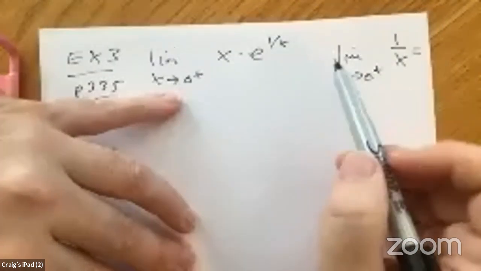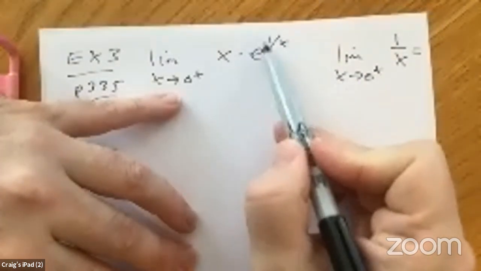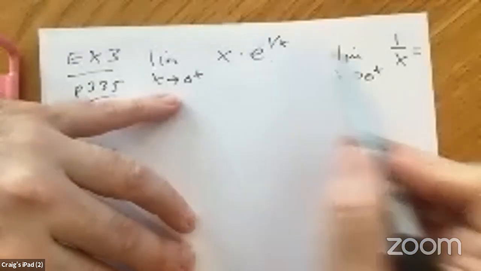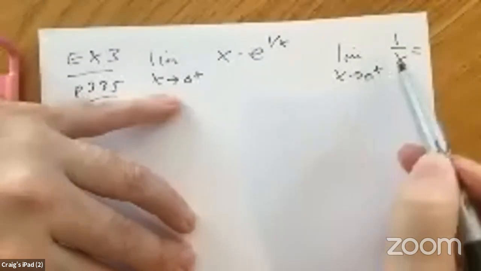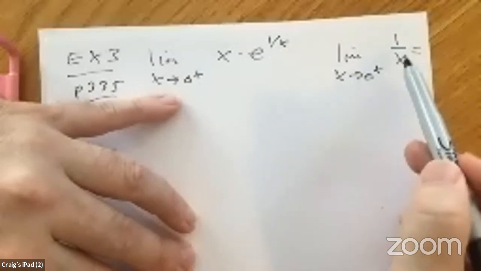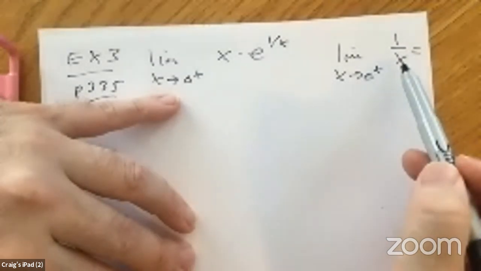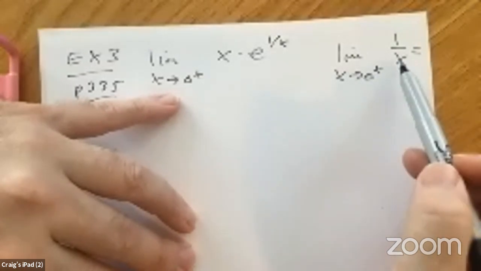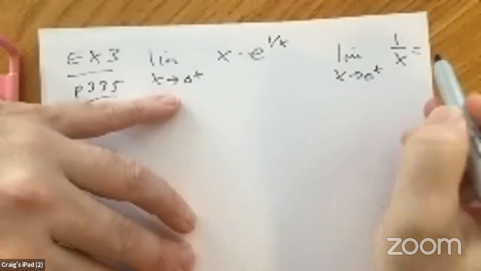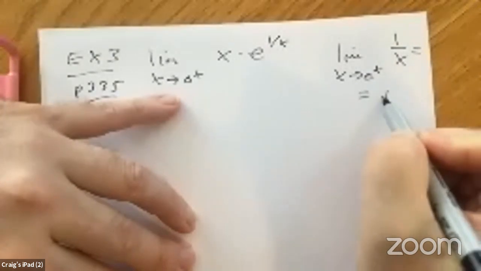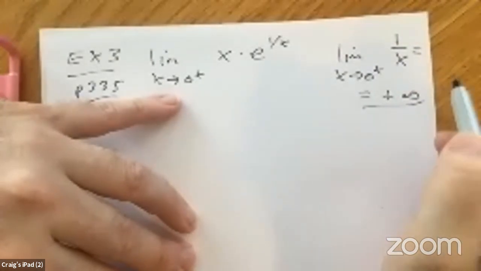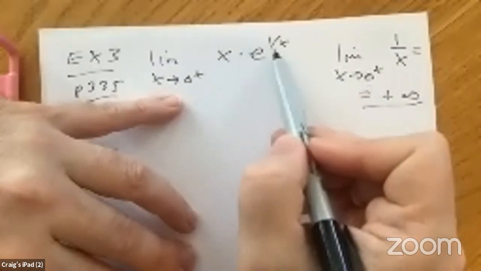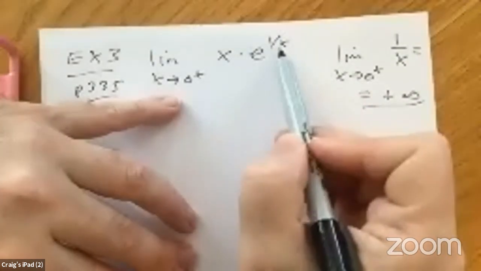Just the piece up here, I want to know as x goes to 0, what's that going to? As x gets closer and closer to 0, I'm dividing 1 by a tiny fraction, like 1 divided by 1/1000th, and 1 divided by a small number is a big number. So from the right, for positive numbers, this is going to be positive infinity. So as x goes to 0 from the right, this part is going to positive infinity.